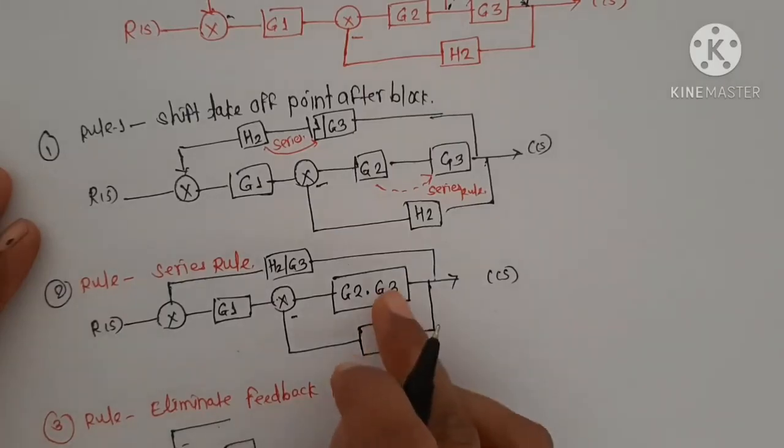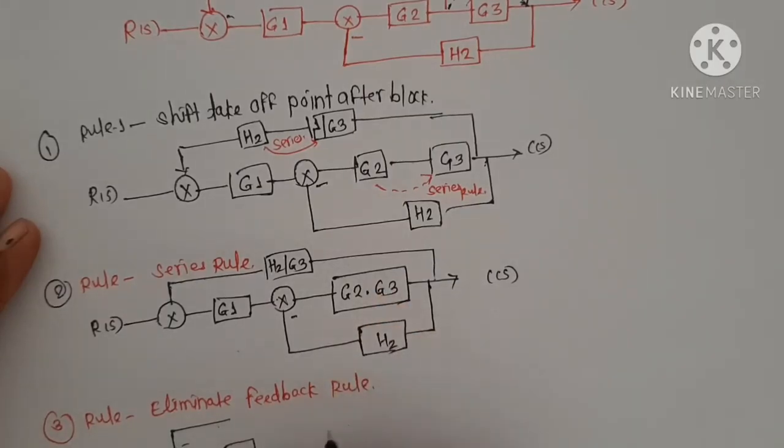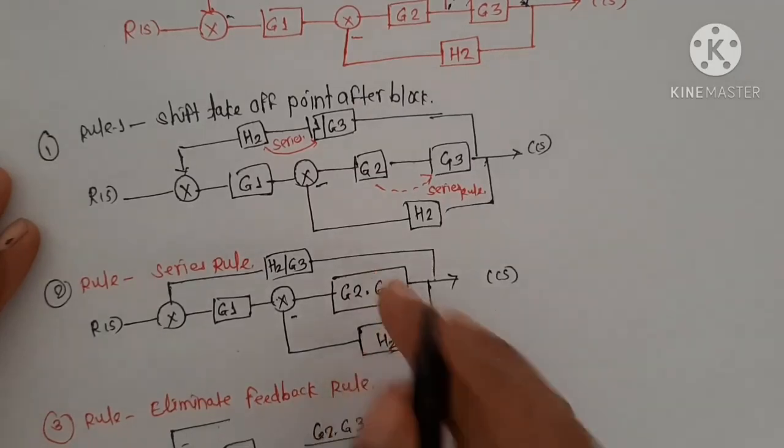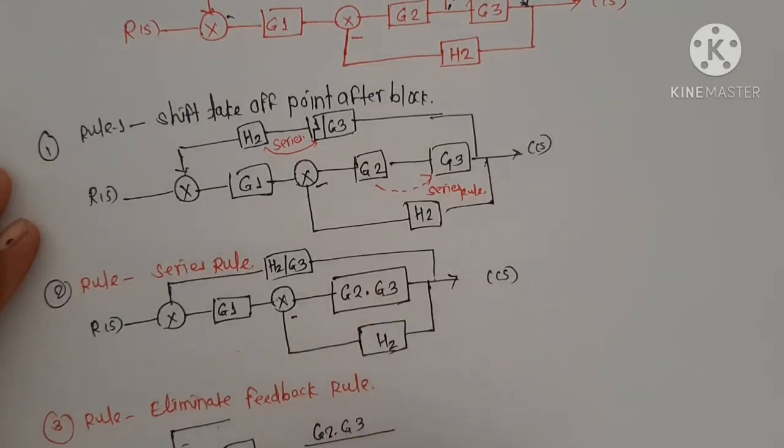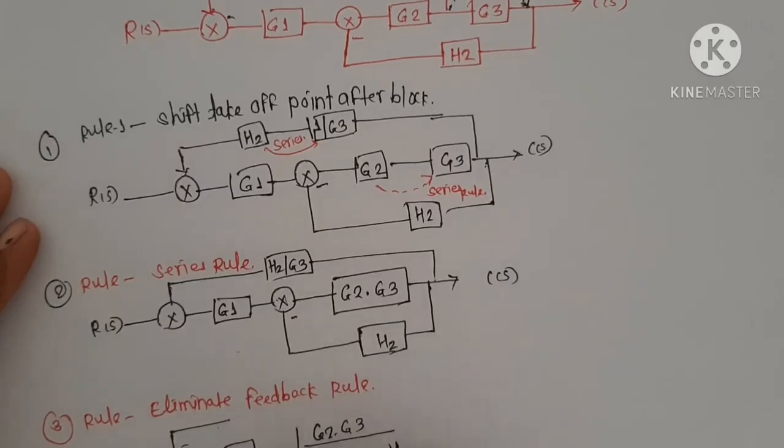Now applying the eliminate feedback rule, we get G2 G3 upon 1 plus G2 G3 H2 as one block. Here C(s) as it is, and the H2 upon G3 block as it is.